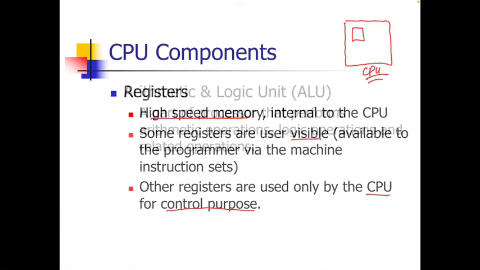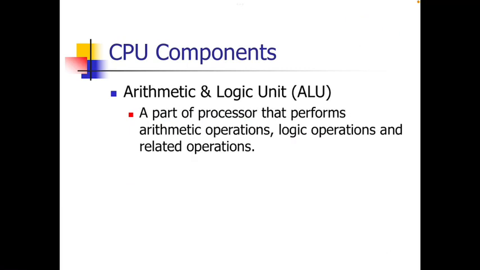Then in the CPU we also have the ALU, the arithmetic and logic unit. This is the part of the processor that performs arithmetic operations. What is meant by arithmetic operation? This is more to do with mathematical calculation, for example plus, minus, and maybe matrix operations. All of this is under the ALU.